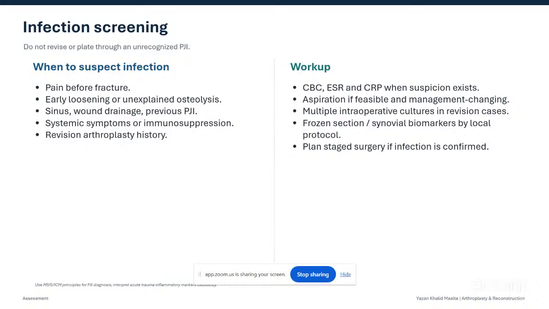The workup that we always use is CBC, ESR, and CRP when suspicion exists, aspiration if feasible, and multiple intraoperative cultures in revision cases. Sometimes we use a frozen section and synovial biomarkers by local protocols, and plan the surgical strategy if infection is confirmed.